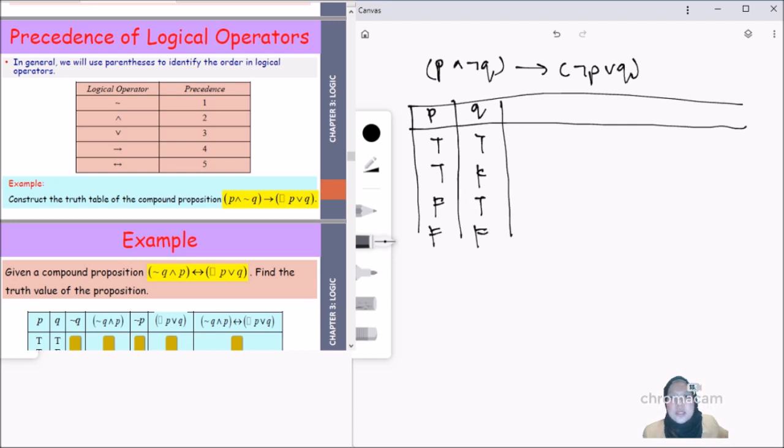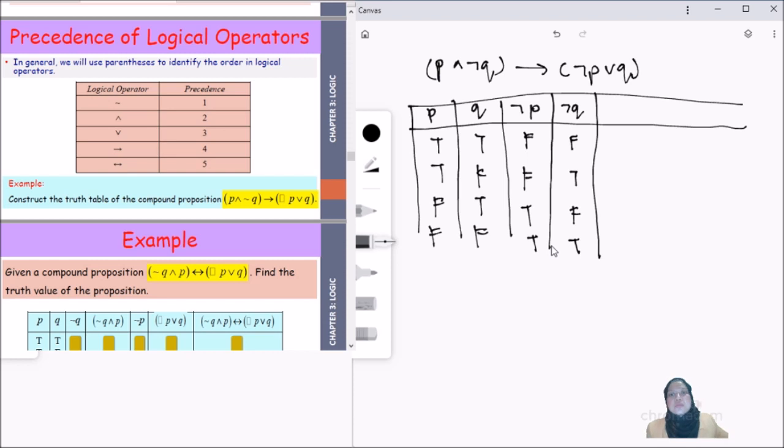So we negate P and also we negate Q. Okay, not P, the opposite of P, is going to be false, false, true, true. Right? So the negation of Q is false, true, false, true. Okay, so we're done with negation.